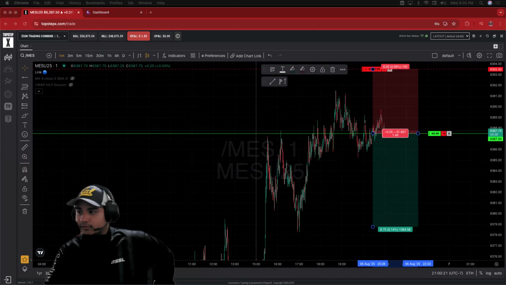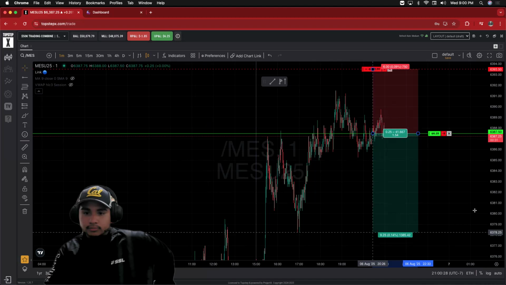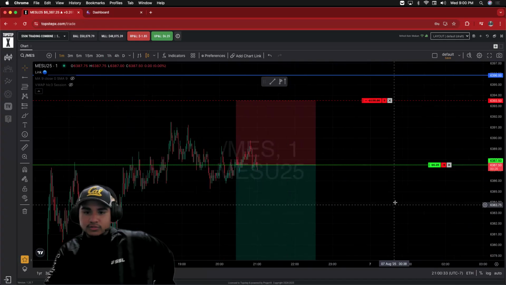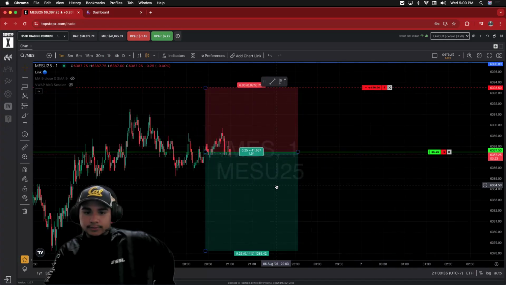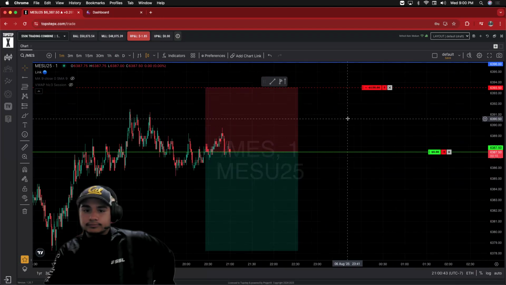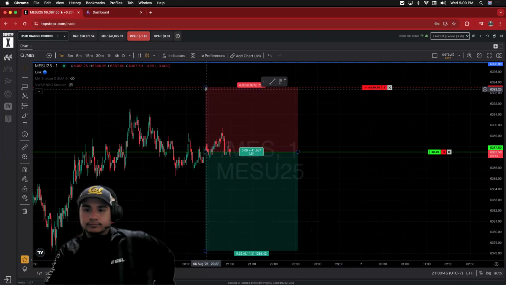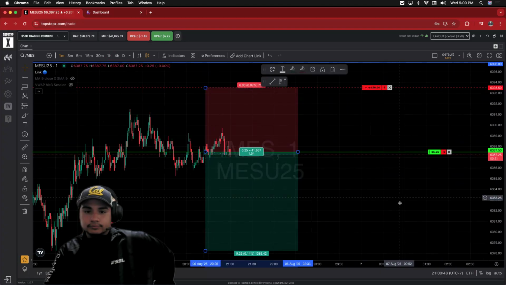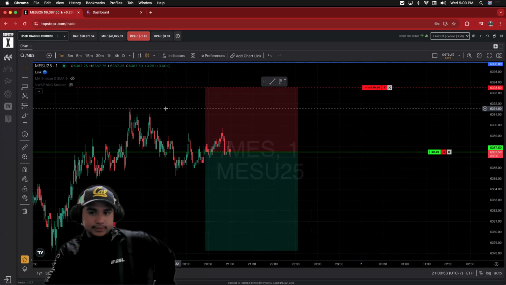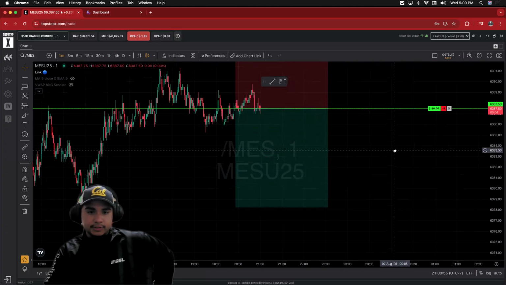Ideally, I am looking for this to come down to this range. I might want to lower the risk on the trade, but I'm just gonna go ahead and keep it.